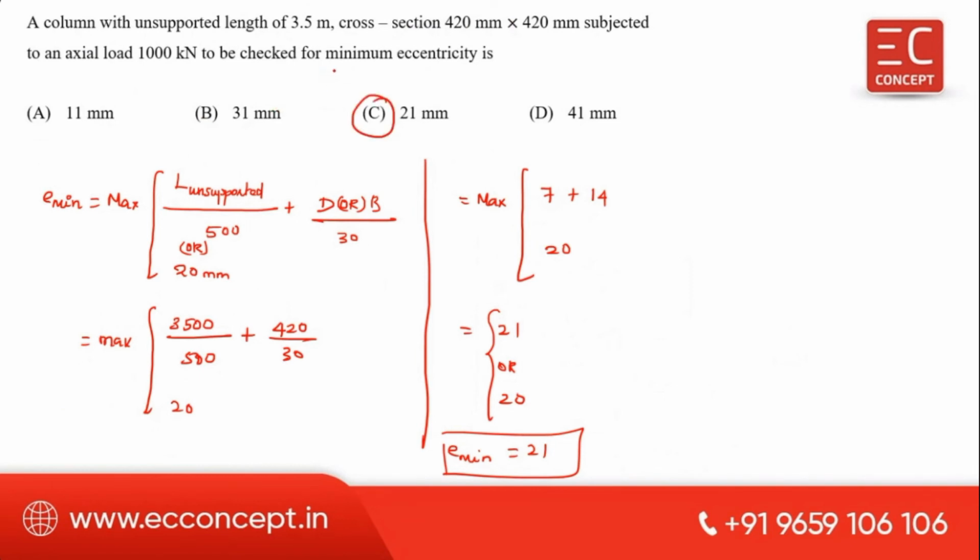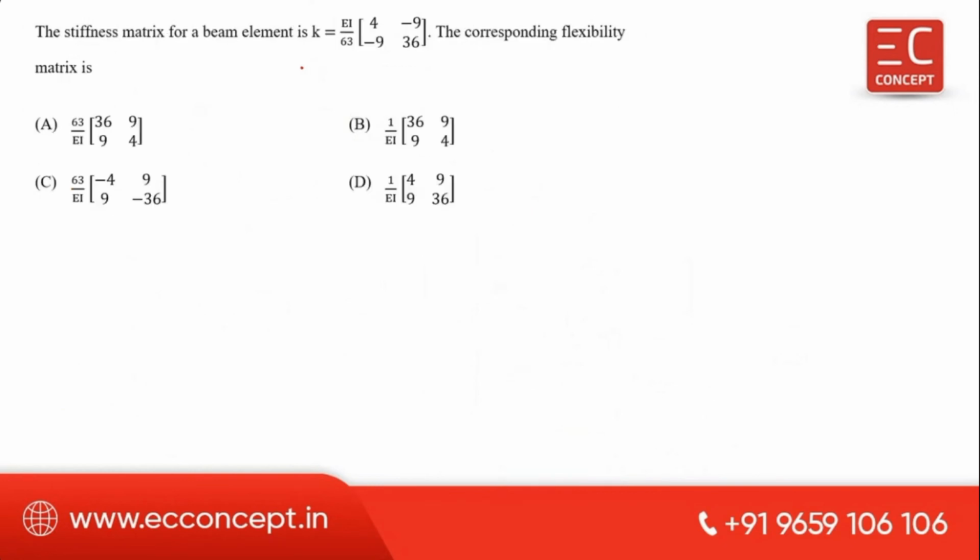Okay. Next one: the stiffness matrix of a beam element is given. Find the corresponding flexibility matrix. One thing you have to keep in mind: to calculate the flexibility matrix, you have to take the inverse of the stiffness matrix, or to calculate the stiffness matrix, you take the inverse of the flexibility matrix.